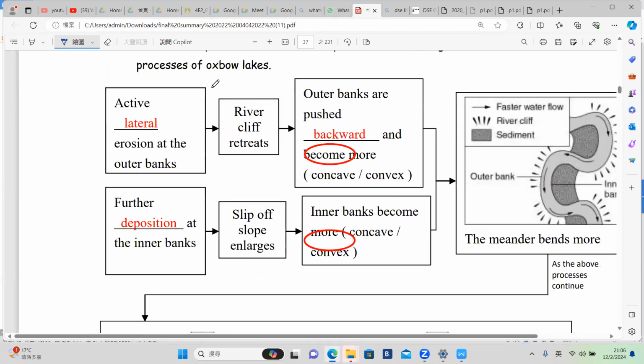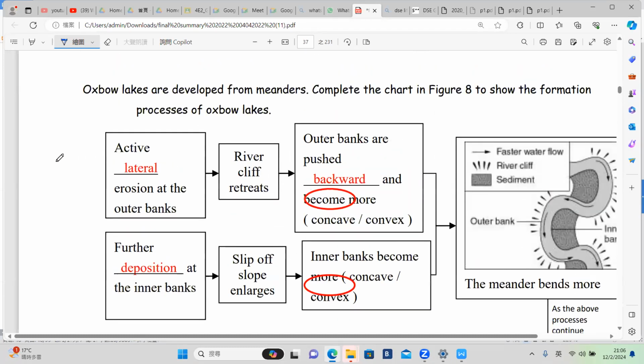look here. The inner bank, no, the outer bank, sorry, the outer bank right here. Lateral erosion keeps taking place. Is this F? The river cliff retreats and then the outer bank moves backwards, becoming more concave.